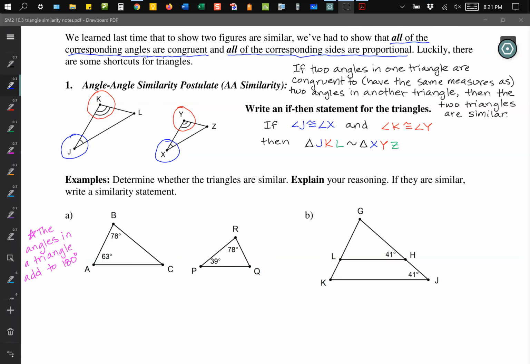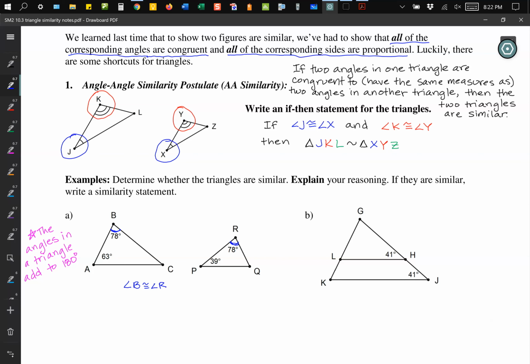So in order to figure out if the triangles are similar, we need to figure out whether we have two sets of congruent angles. So if I look at these two triangles right here, I can see that I do have one set of congruent angles. Angle B and angle R are both 78 degrees. So angle B is congruent to angle R.